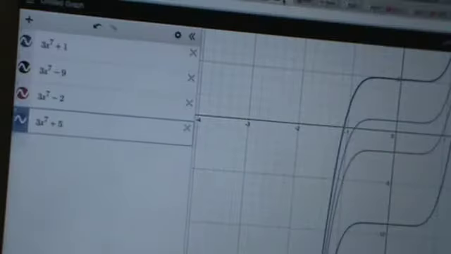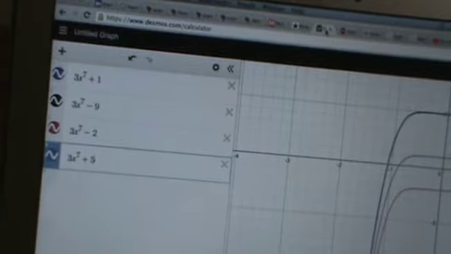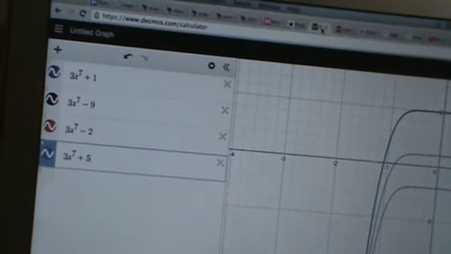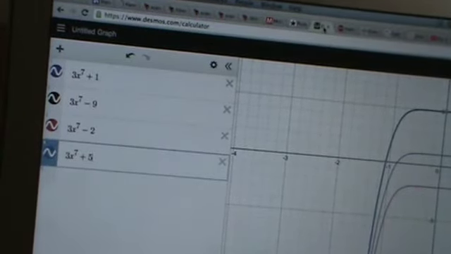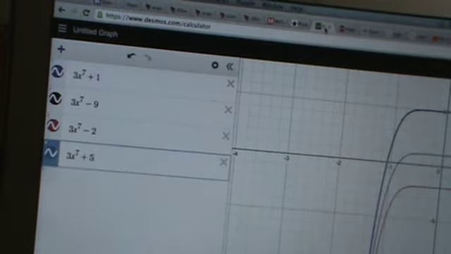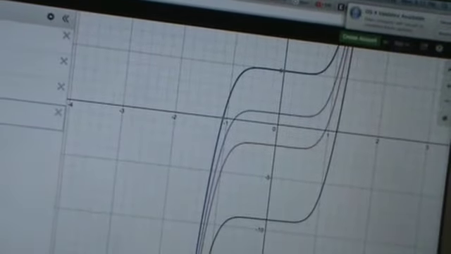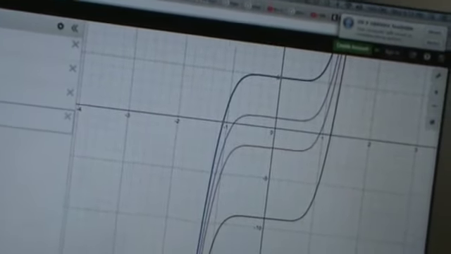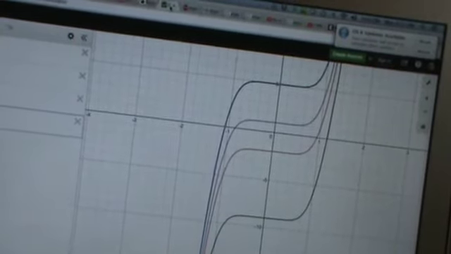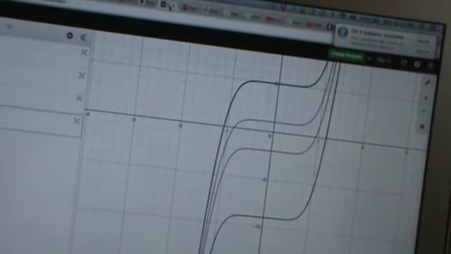So what you'll notice on my computer is that I have graphed a variety of functions: 3x to the 7th plus 1, 3x to the 7th minus 9, 3x to the 7th minus 2, 3x to the 7th plus 5. And if you look over here, it creates a system of solutions that I like to call parallel to each other.